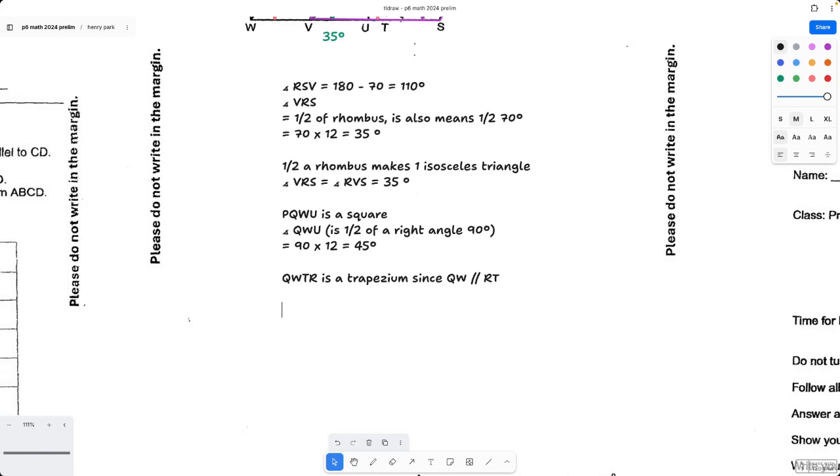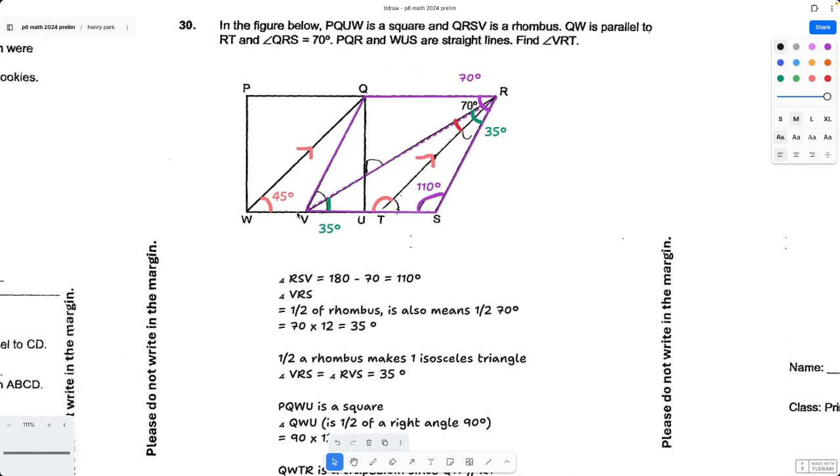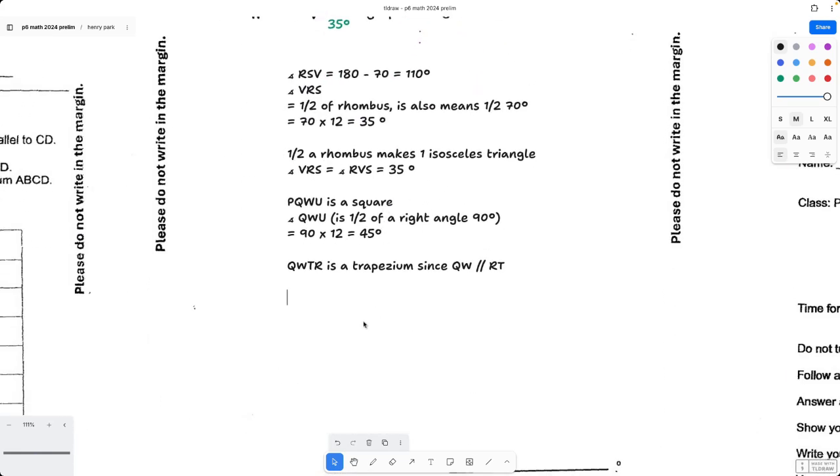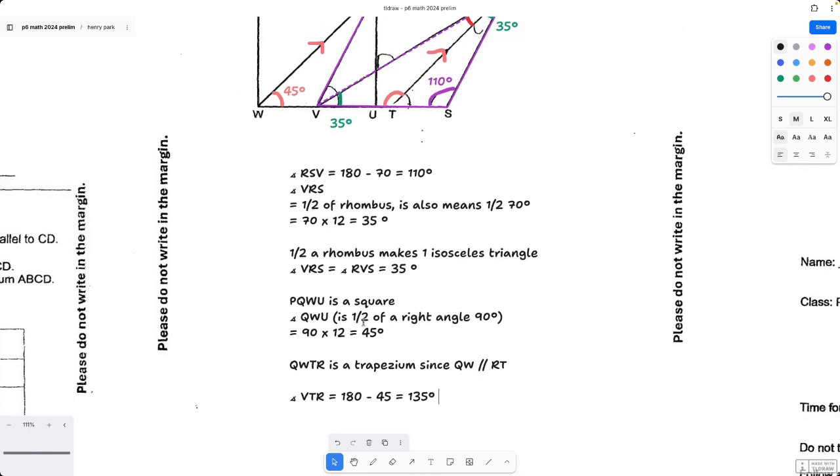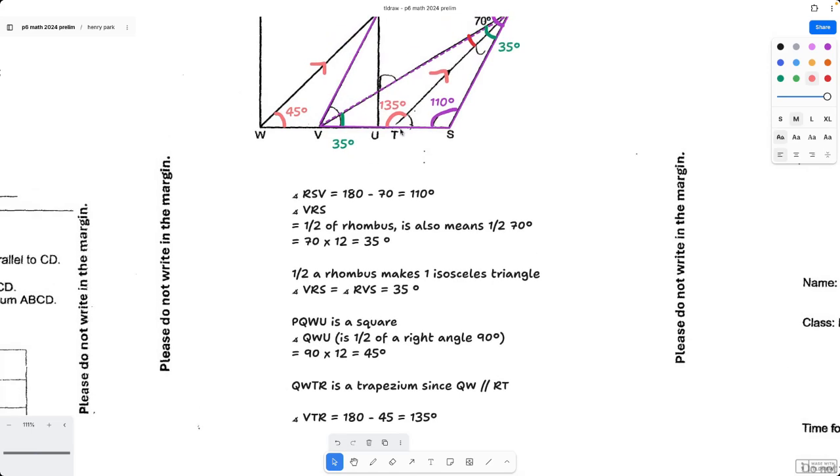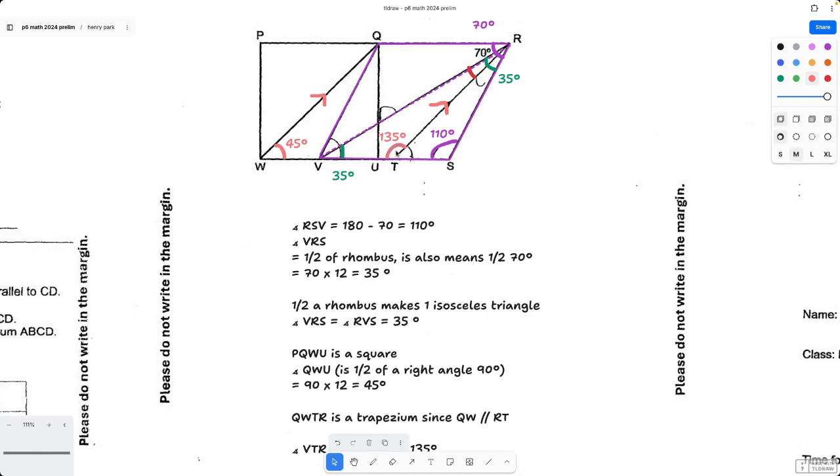So that means angle VTR is equal to 180 minus 45. This will give 135 degrees, as I show over here. So this is 135 degrees. Now we know this angle and we know this angle.